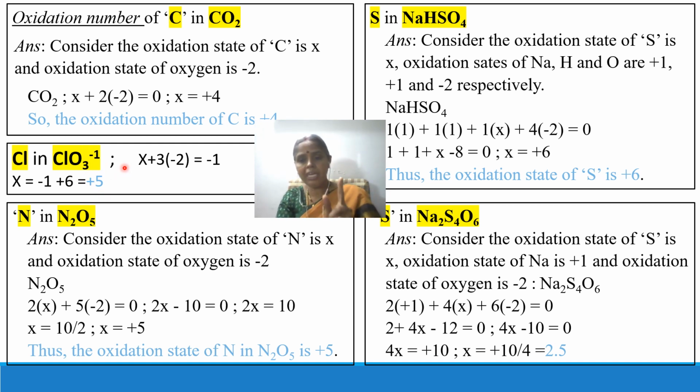Only fluorine has a default -1 oxidation state. For other halogens, when combined with oxygen in oxyacids and oxoanions, you will have variable oxidation states. So this is how you compute oxidation states of different elements in neutral compounds as well as charged ions.